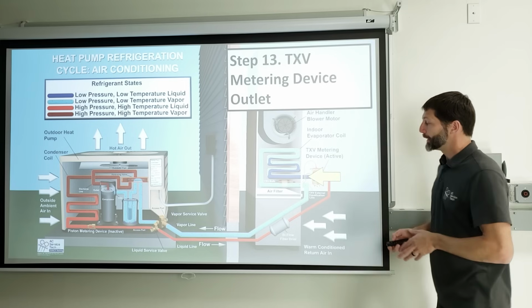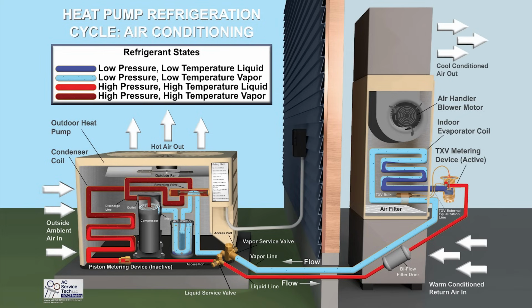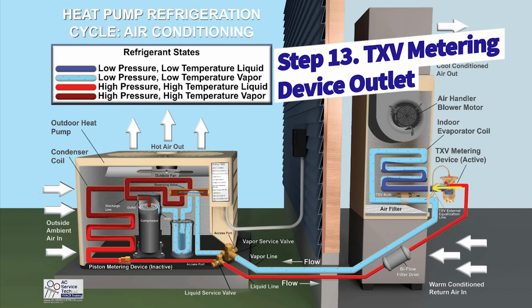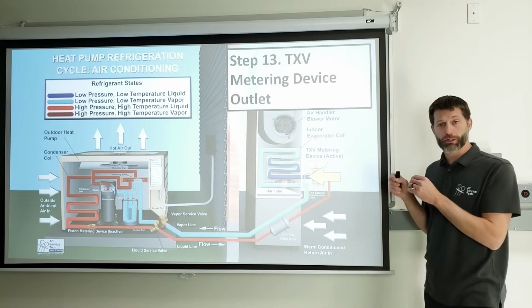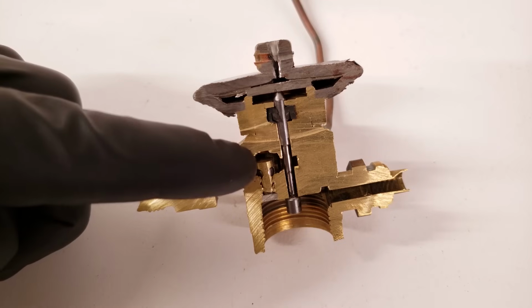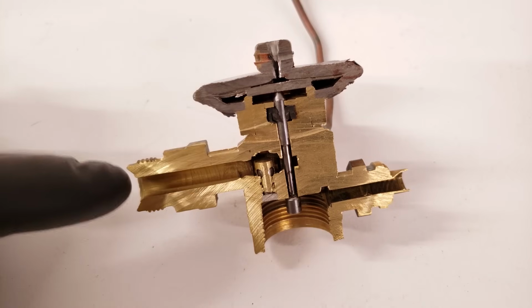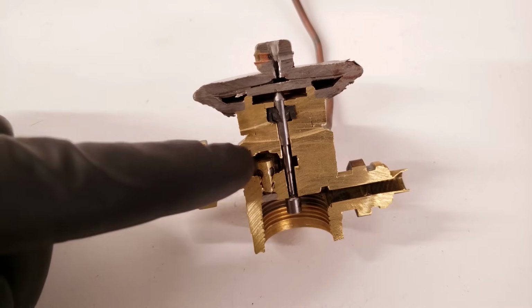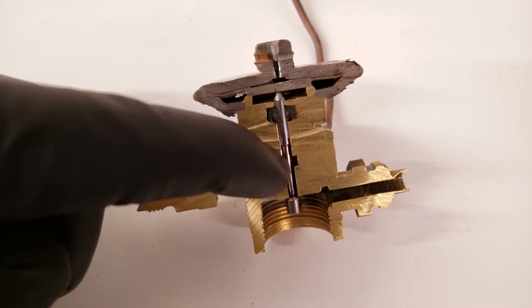And so if you have, say, 93 degree subcooled liquid refrigerant entering into the TXV, on the other side you may end up with something around, say, 42 degree liquid refrigerant on the low side of the TXV. And so there's a pressure reduction happening. It's an orifice size that's inside the TXV. You have to remember that the TXV's job is to maintain superheat across that coil. We'll be getting into that in a second.